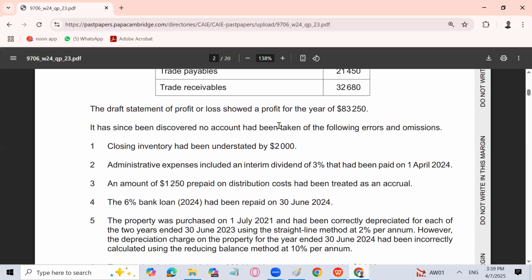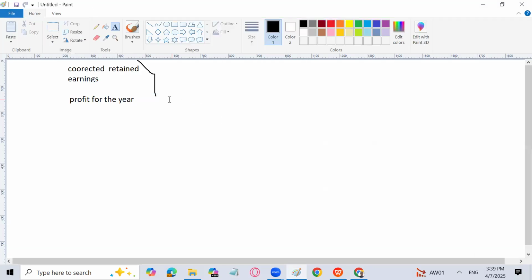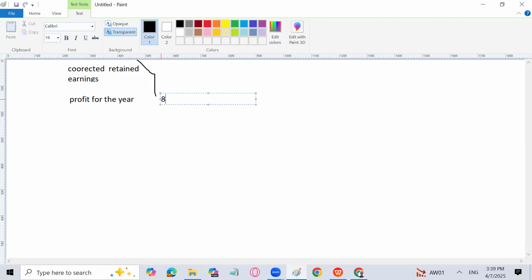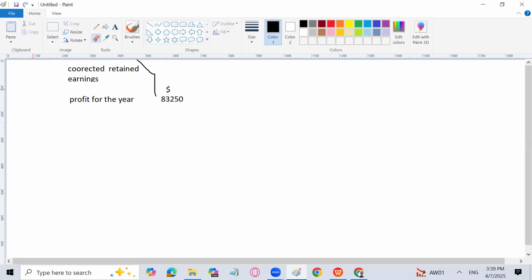The statement of profit or loss shows a profit for the year of 83,250. So I will write here profit for the year is 83,250, which is basically incorrect. We need to correct the profit, and that corrected profit will then be adjusted with the retained earnings to find the correct retained earnings.